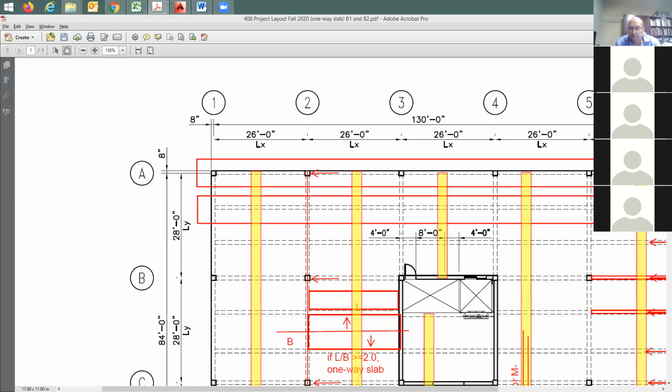Professor, do we do the calculations in Excel, or does it not matter if it's Excel or hand drawn on paper? Here's the issue when you do Excel. Absolutely, I have no problem with Excel. But I want you to listen carefully because I don't want to reduce points for you. When you do Excel, you need to develop a PDF, so your submittal is going to be in PDF.